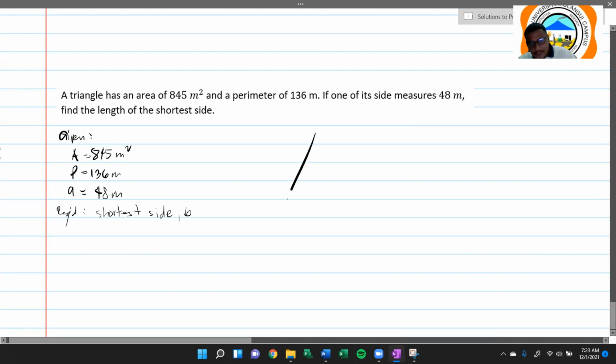So we have a triangle here. This is triangle ABC, so this must be a, b, and c. a is already given, which is equal to 48 meters. Now we need to find the shortest side. It's either b or c.